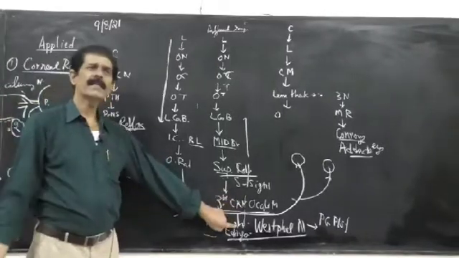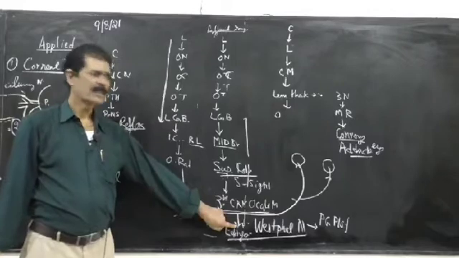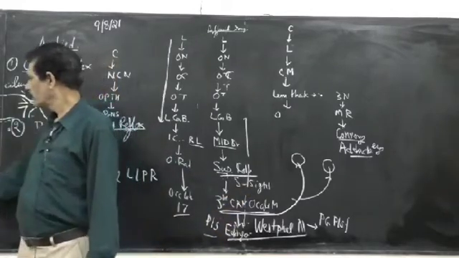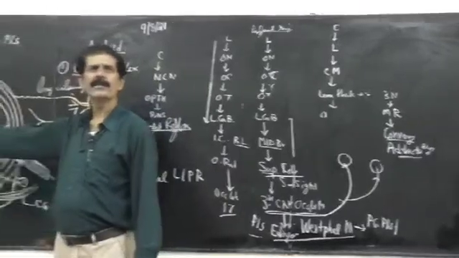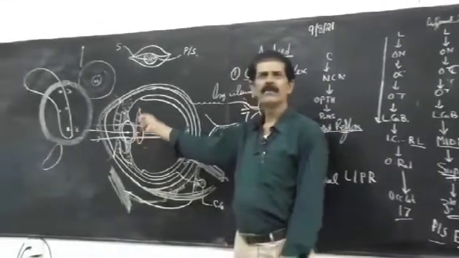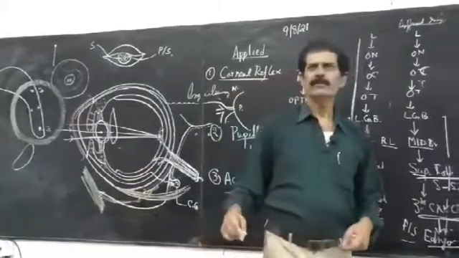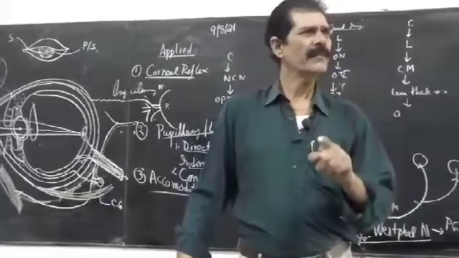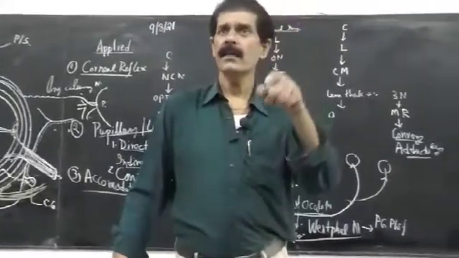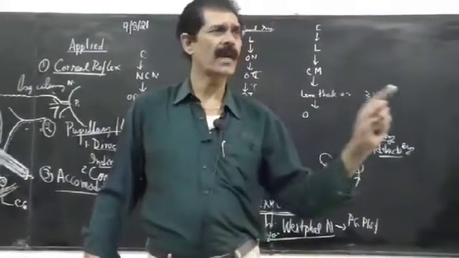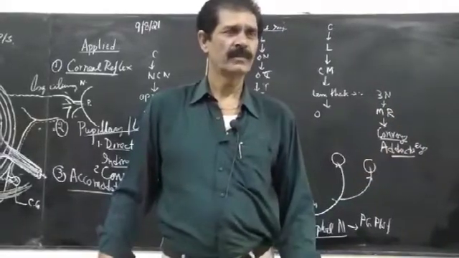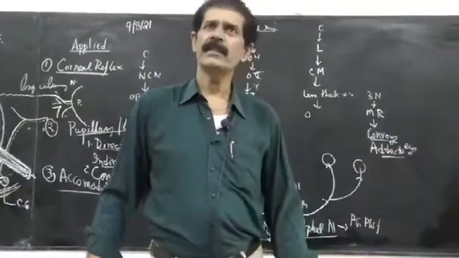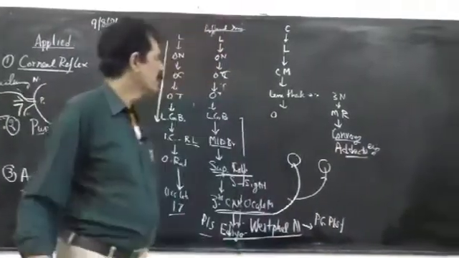Same response when reaching the Edinger-Westphal nucleus, again the same pathway. Constriction of the pupil is there, ciliary muscle contraction is there. So medial rectus is acting, lens is moving, iris is moving during near vision of the accommodation reflex. You have to explain these three steps. I won't repeat it because I have already explained it. So this is called the accommodation reflex.